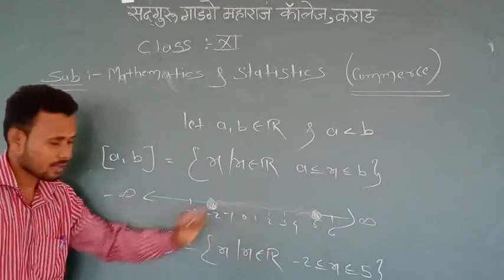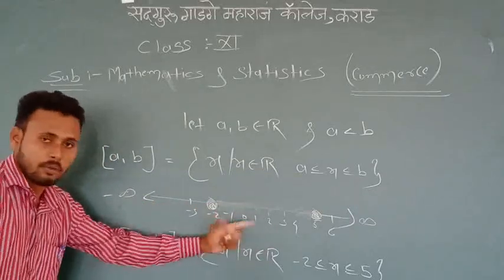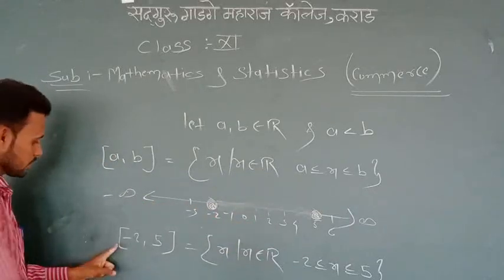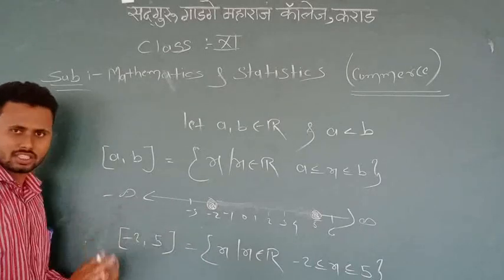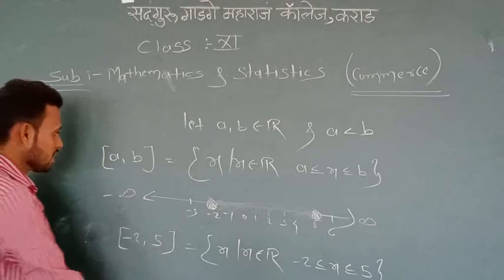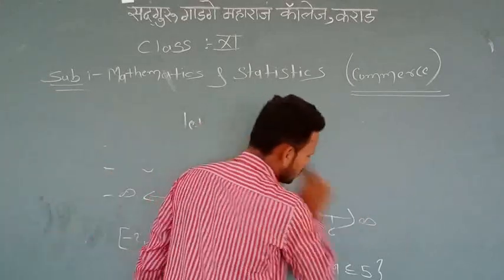Why are minus 2 and 5 included in this set? Because it is a closed interval. In a closed interval we also take the boundary points and the points in between. This is the closed interval.